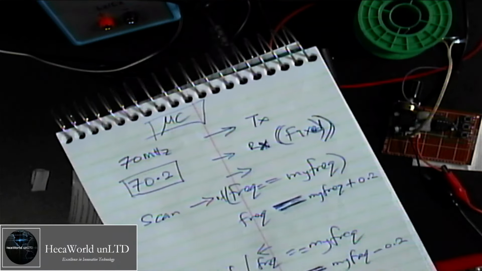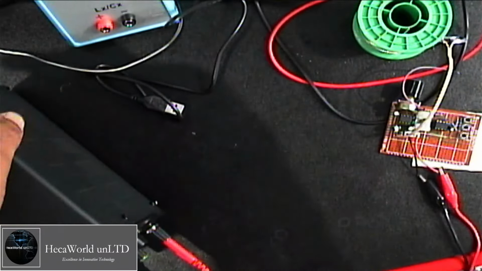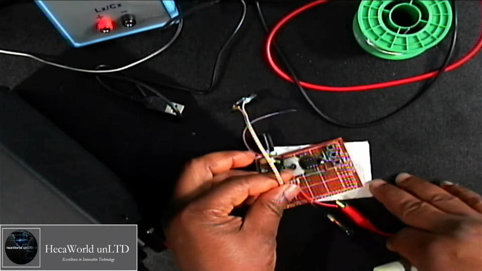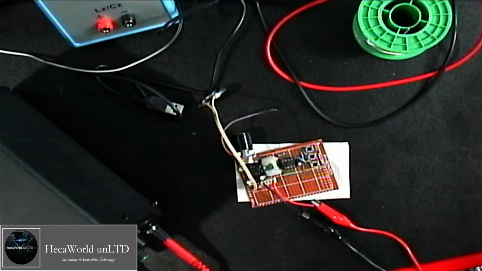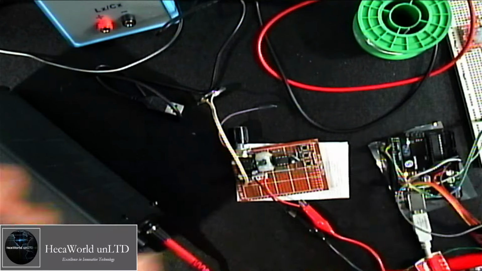So now let's test what we built. We made some modifications to the general rule, and that modification is because we built this system on separate units. So as you can see right here, we have the software defined radio receiver, and right here also we have the software defined radio transmitter.